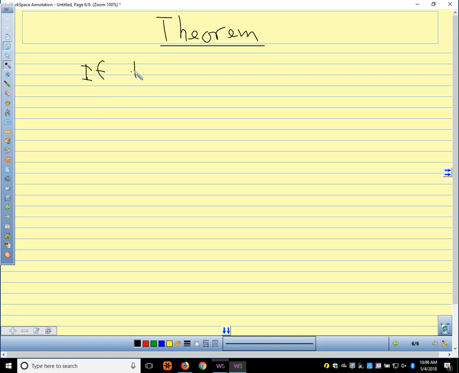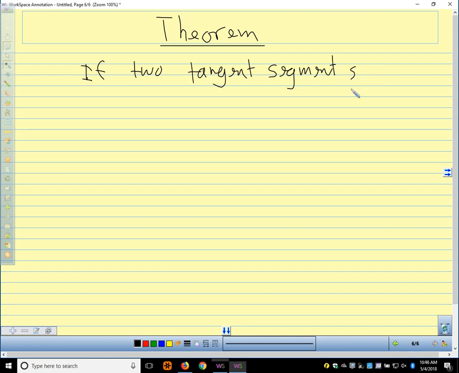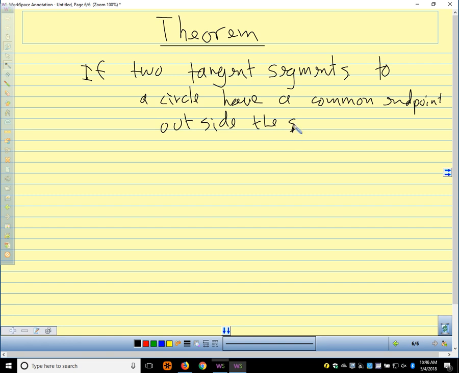Our theorem: if two tangent segments to a circle have a common endpoint outside the circle, they are congruent.